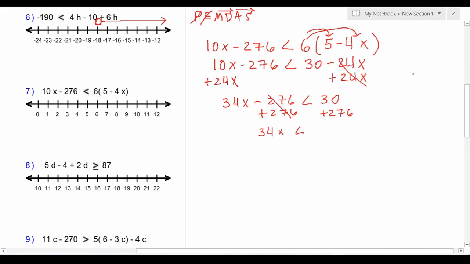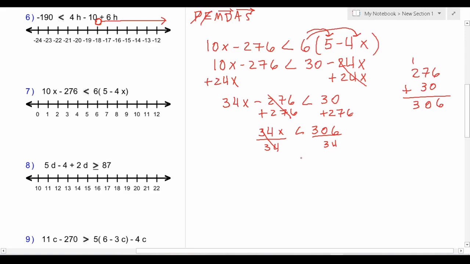Let's work that off to the side. 276 plus 30. 6 plus 0 is 6. 7 plus 3 is 10. You have to carry your 1. 2 plus 1 is 3. So this is 34x is less than 306.